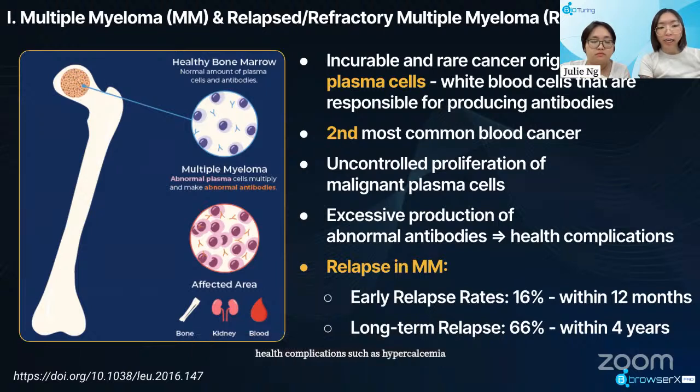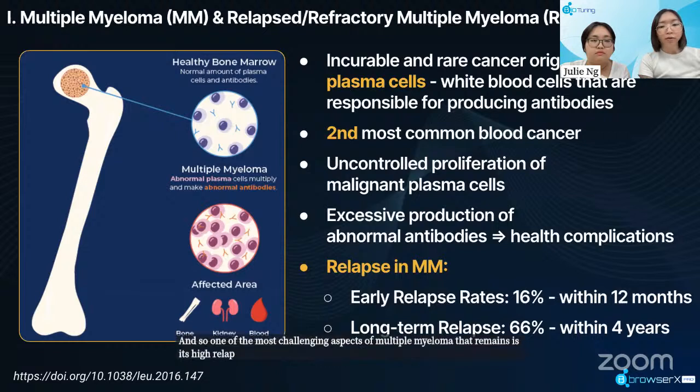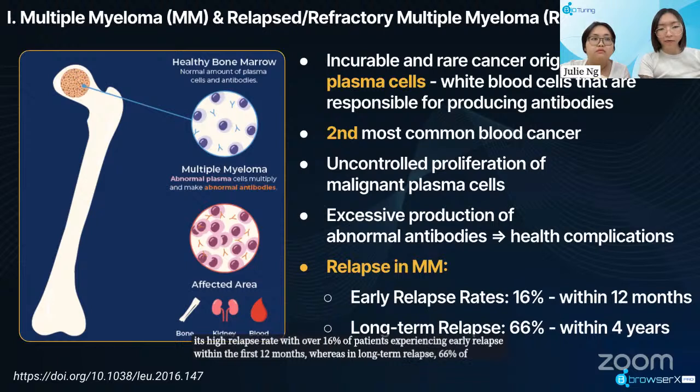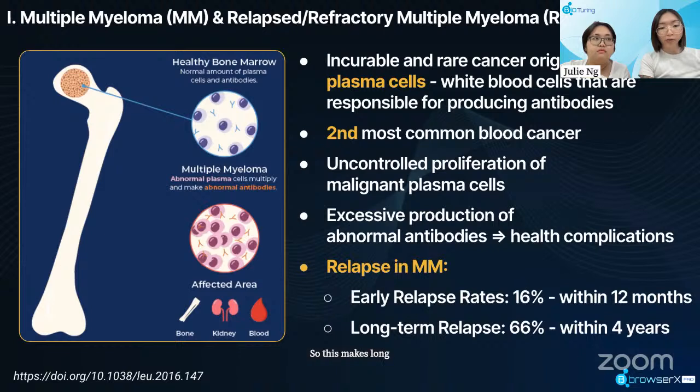renal dysfunction, and anemia. One of the most challenging aspects of multiple myeloma is its high relapse rate, with over 16% of patients experiencing early relapse within the first 12 months. In long-term relapse, 66% of patients relapse within 4 years. This makes long-term remission quite difficult.